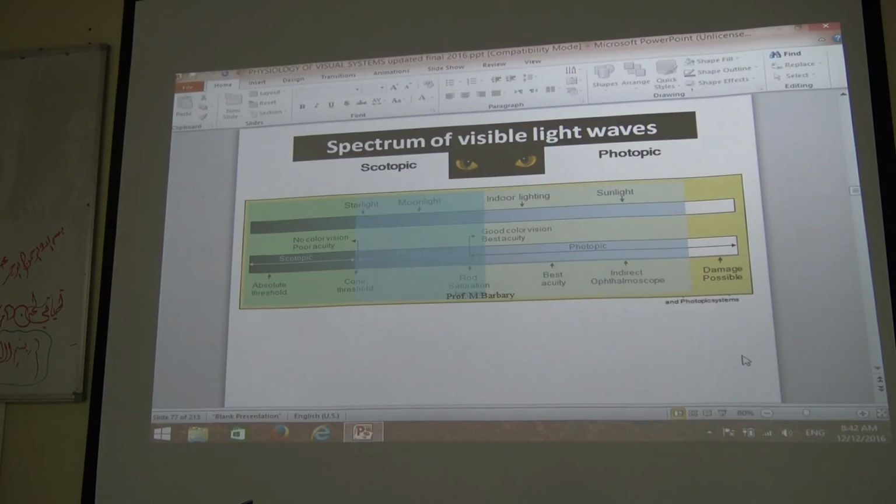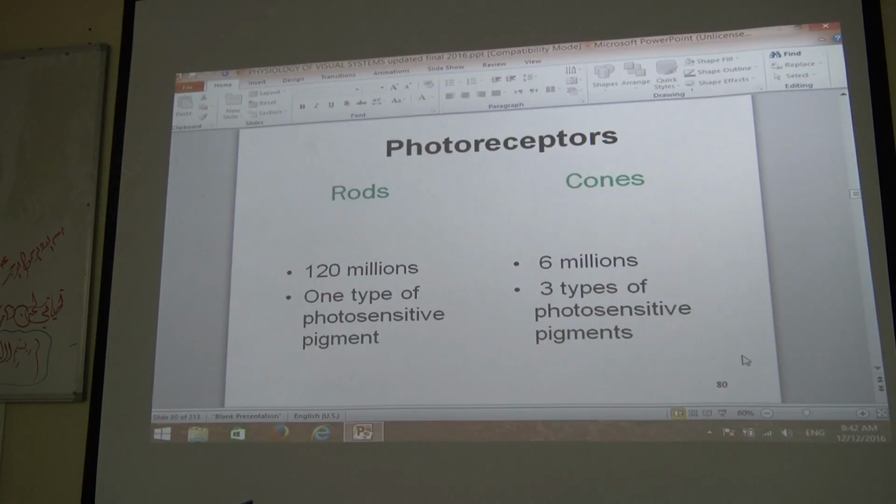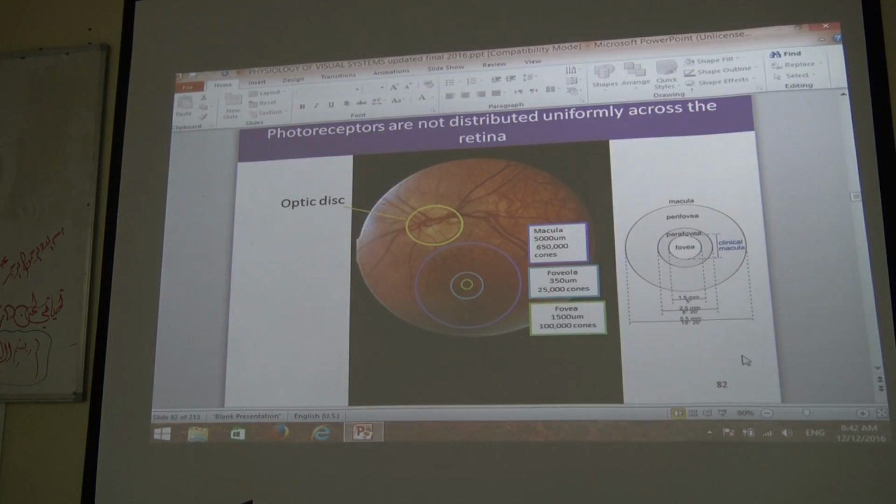Spectrum of vision: we have scotopic vision and photopic vision. Scotopic vision is for dim light and photopic vision is for light, sunlight. There is overlap. Of course, the cones respond to photopic vision. They are highly concentrated in the fovea.